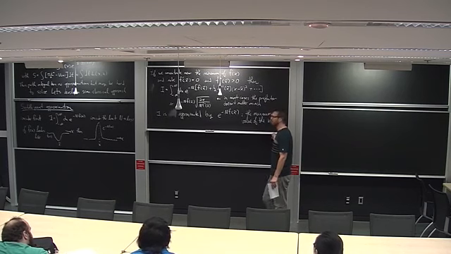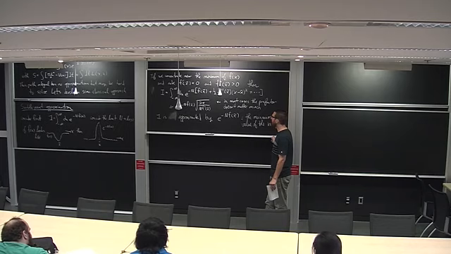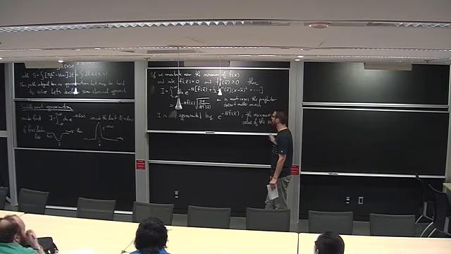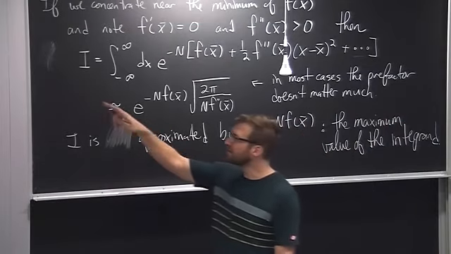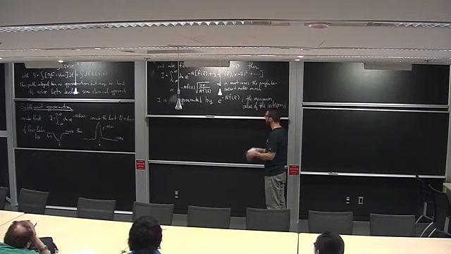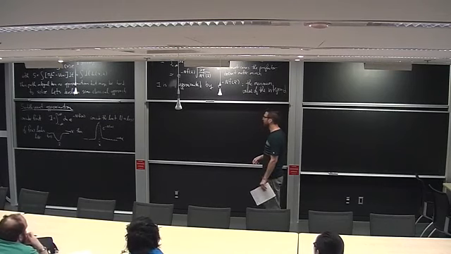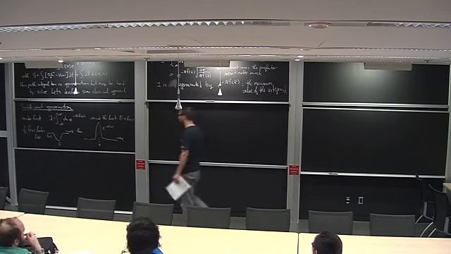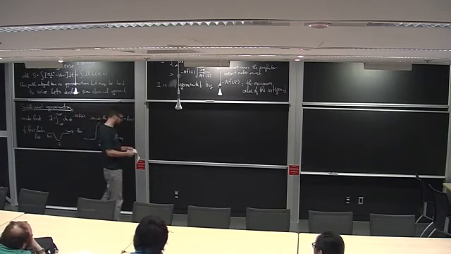So this is the idea we're going to run with in today's class. We're essentially going to look at just the value of the integrand in that path integral. And we hope that the behavior is dominated by this minimum in the function f.